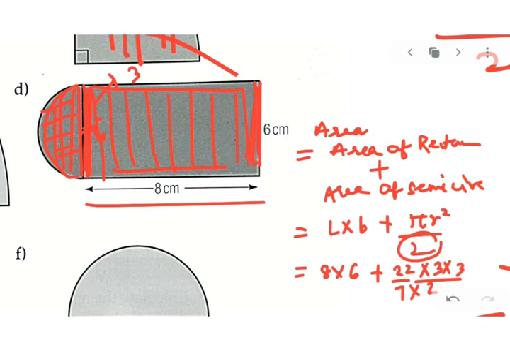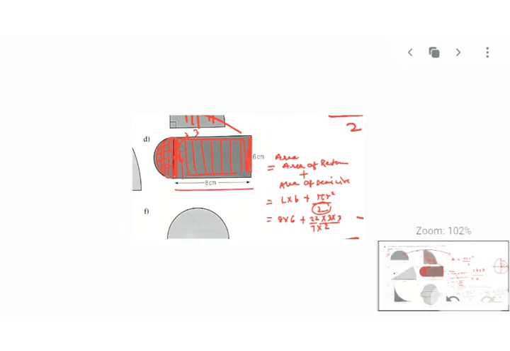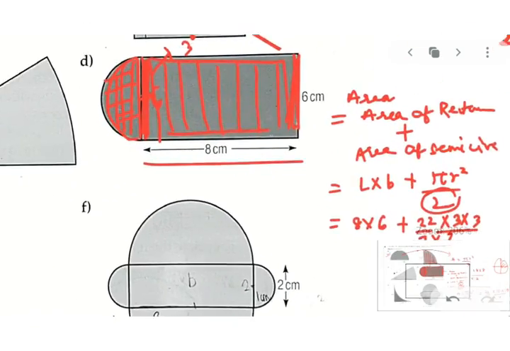Why I'm putting this 2? Because it's a semicircle and semicircle area will be half the total area of circle. The total area of circle is pi r square. So when you divide by 2, you will get the area of half circle. And when you add with that half circle area of rectangle, you will get the entire area of this structure. Can you do that? Let me take with this.